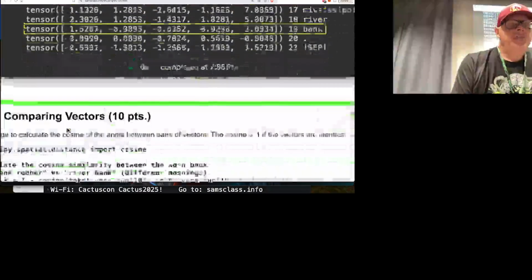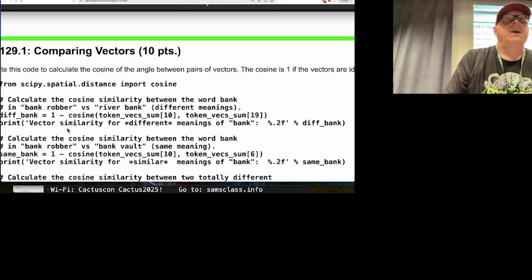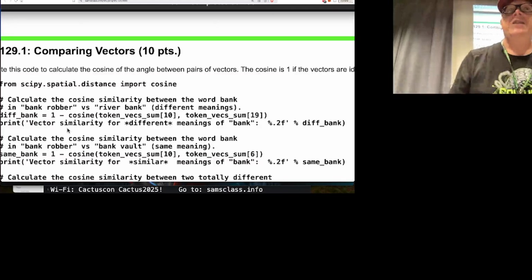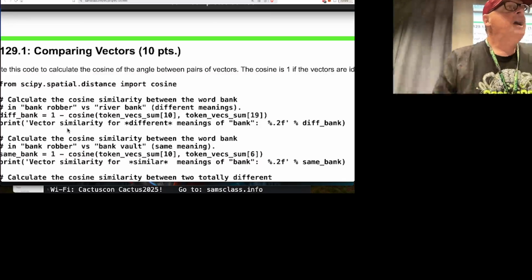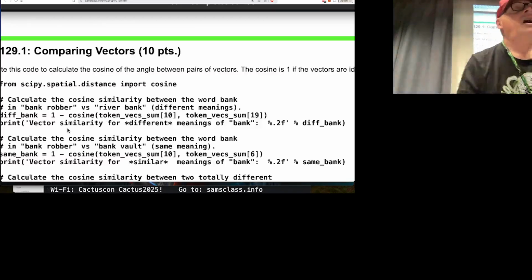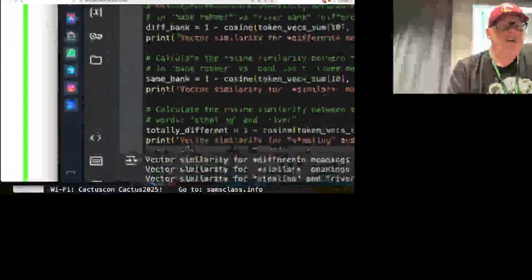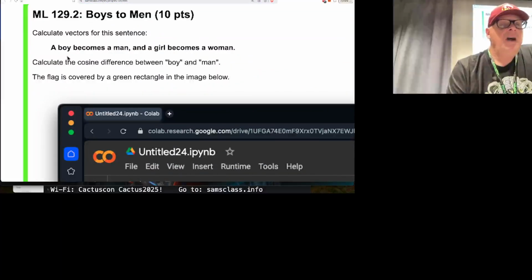And they do this just by training it with masking to know when it's in context and when it's out of context. So again, without understanding anything and without humans doing the work, it has determined which meanings of the word are close to other meanings, and it is so accurate you can do vector similarity. So a boy becomes a man and a girl becomes a woman.